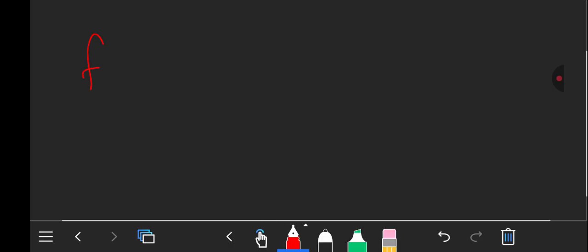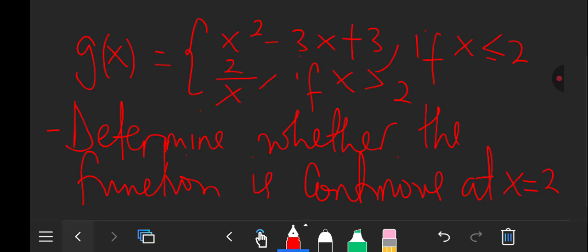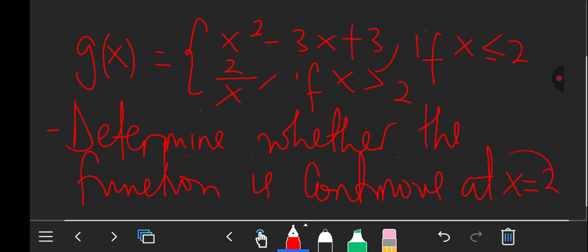So the first thing we said is we must determine f of x. So let's see how we can determine f of x. f of x will be equal to, they have said at the point x is equal to 2. At that point, you go and check which expression includes 2.